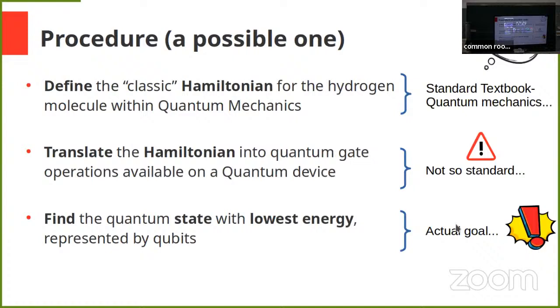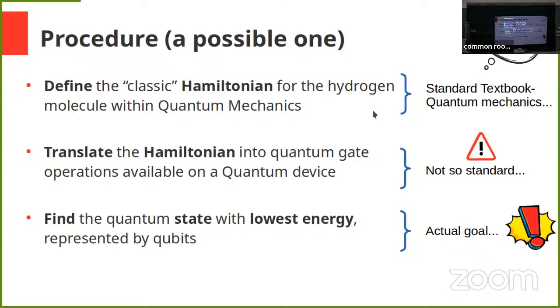Okay, so basically the approach that I want to follow is this one. It's a possible procedure, so maybe in the future there will be better ones. Also in the past there have been other ones. So this is not a unique approach, of course. What we have to do in order to solve the problem of finding the ground state of the hydrogen molecule with a quantum computer is, first, we need to define what system we're dealing with, which means what kind of quantum mechanical Hamiltonian we want to look at.